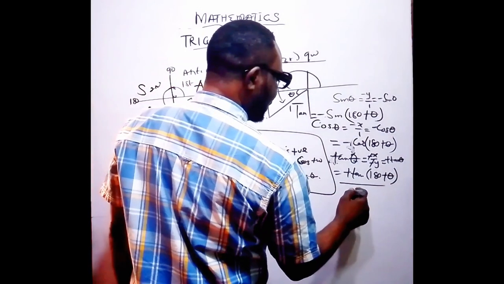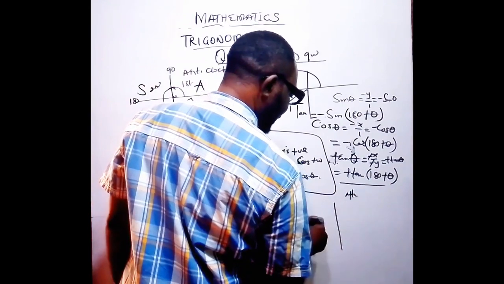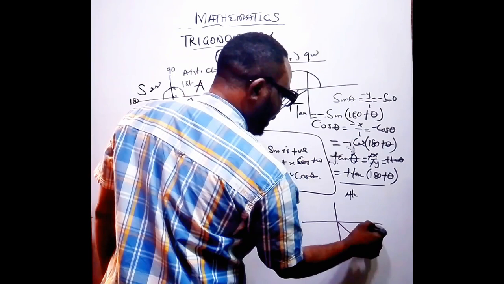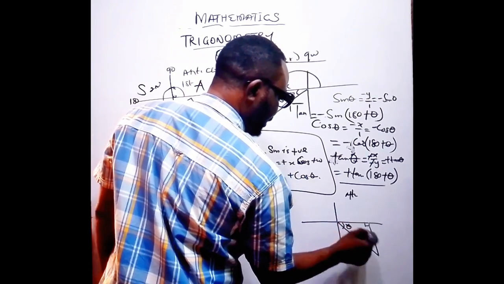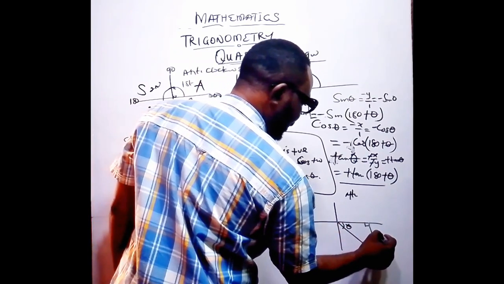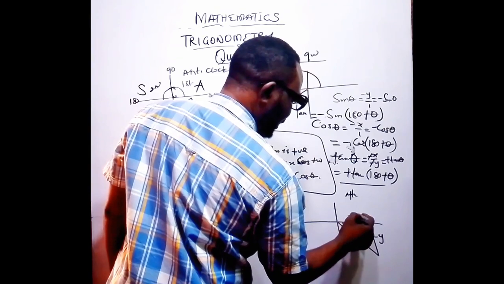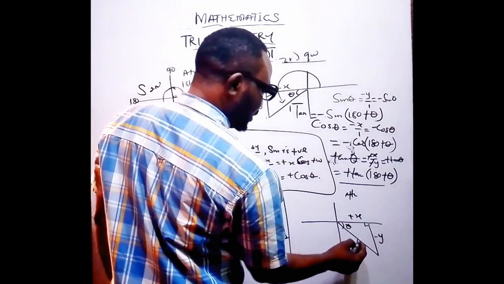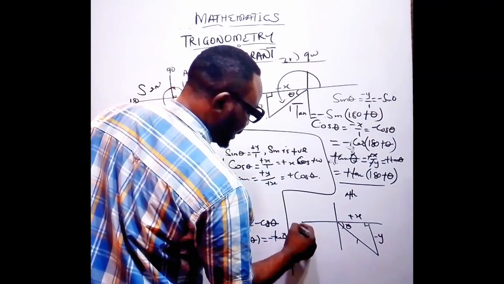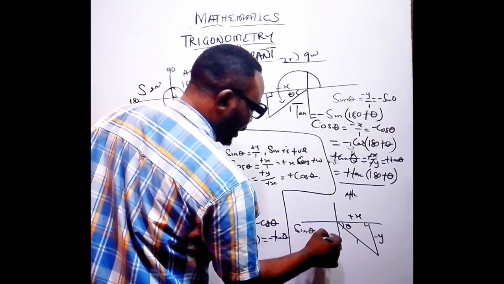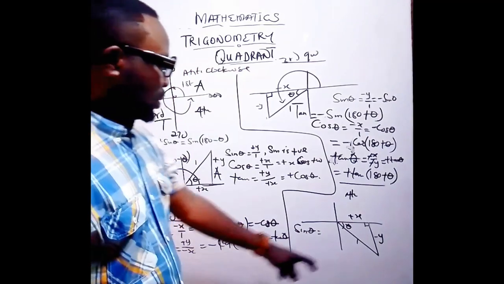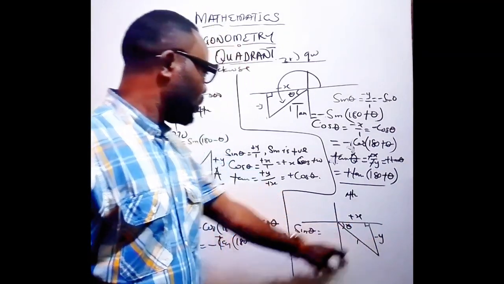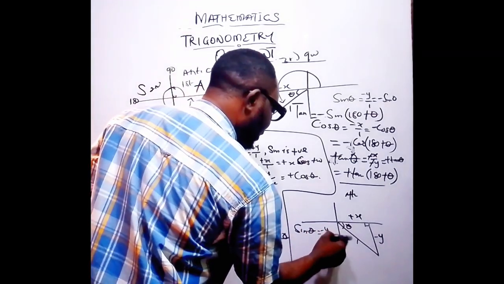Now, the fourth quadrant. I move to the fourth quadrant, which I have this. The fourth quadrant will form like this. This is angle 90. This is my theta. This is my negative y, and this is my positive x. Now, those places 1. Sine theta here will be equal to minus y over 1.